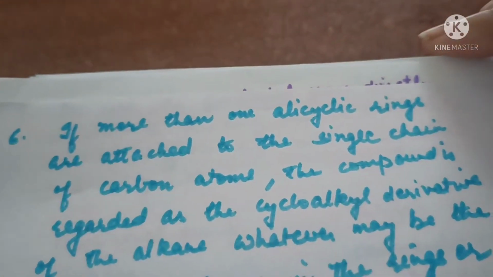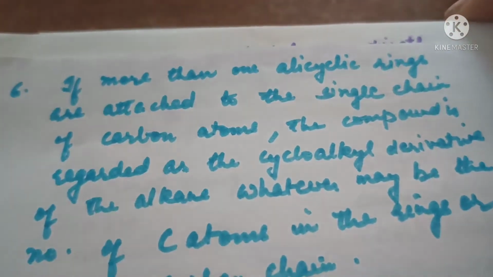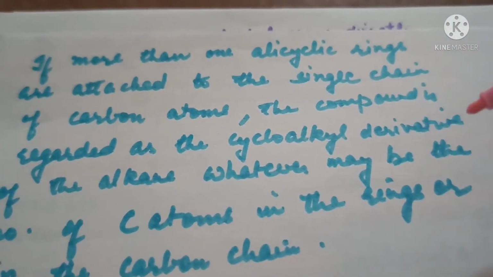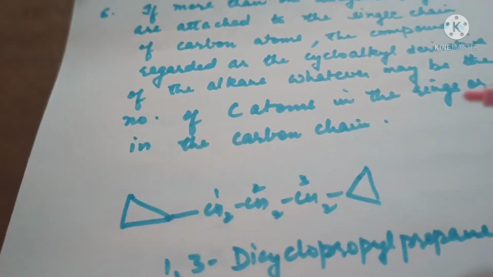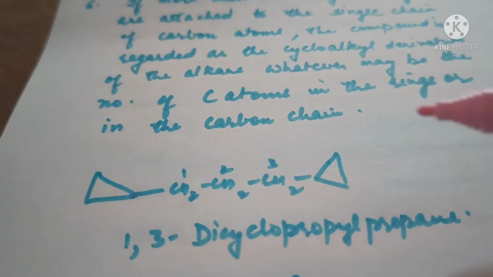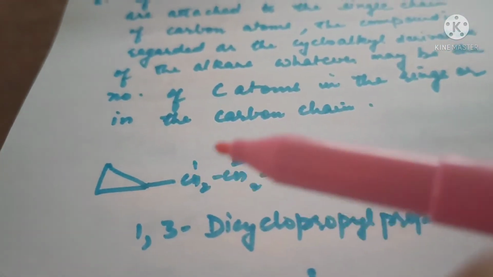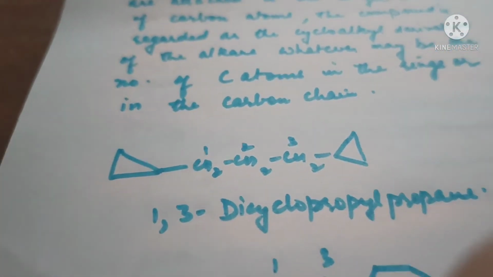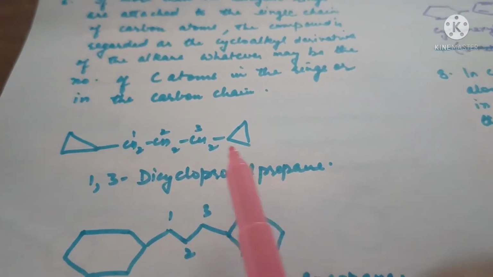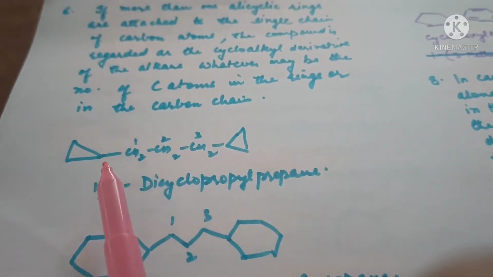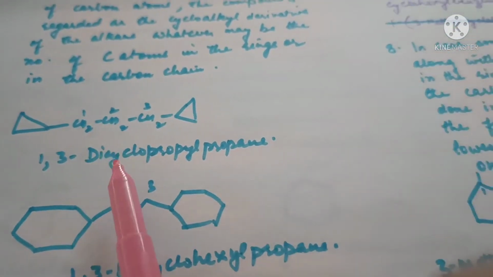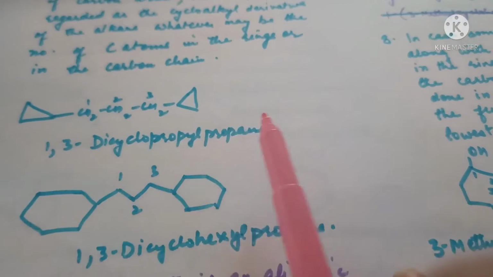If more than one alicyclic ring is attached to the single chain of carbon atoms, the compound is regarded as a cycloalkyl derivative of the alkane, whatever may be the number of carbon atoms in the ring or in the carbon chain. So because there are 2 cyclic compounds, both are considered as substituents and the name will be 1,3-dicyclopropyl propane.